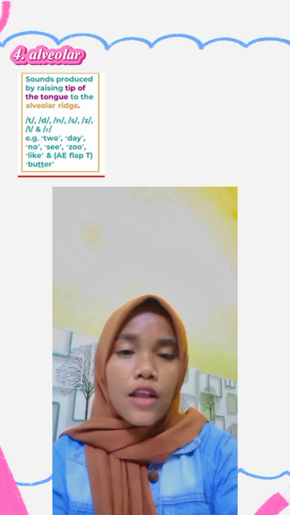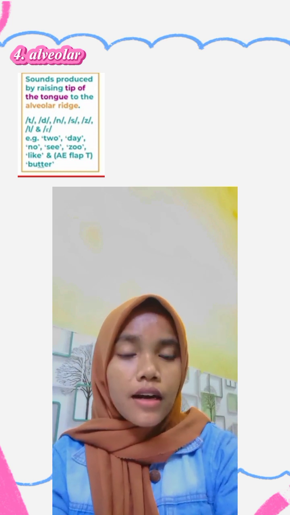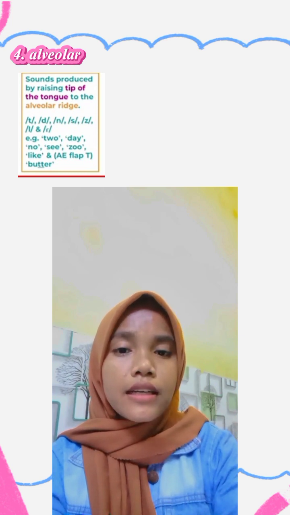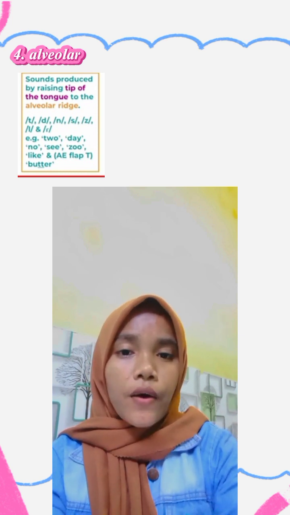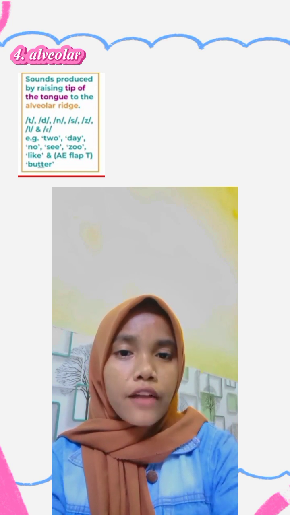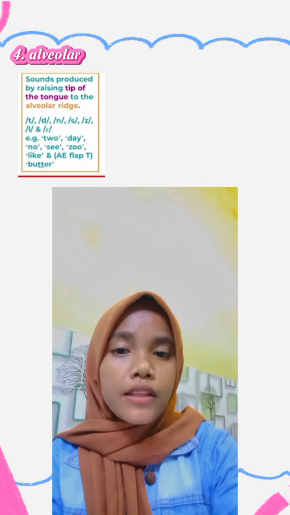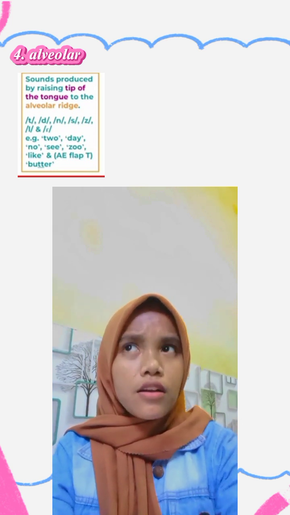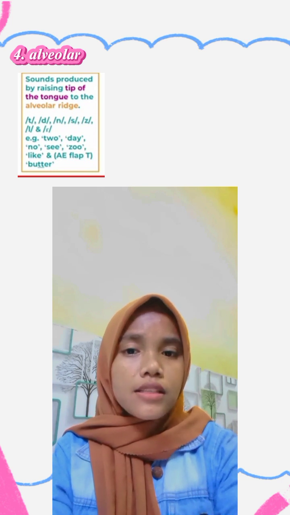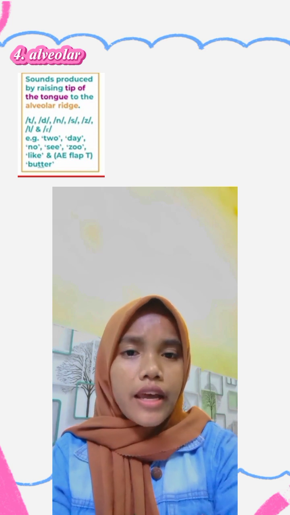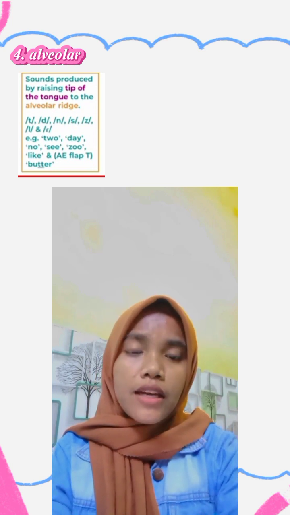So we have quite a lot of sounds formed in this way: t, d, and n, and for all three the tip of the tongue touches the alveolar ridge. And we have s and z. Here there is a little small opening, so it's not complete closure, but the small opening is at the alveolar ridge, and we also have l again with contact.